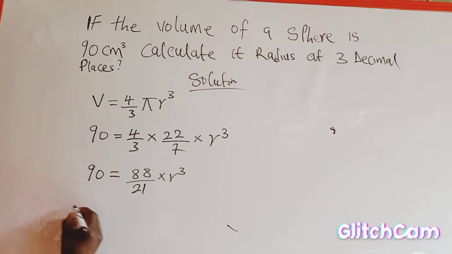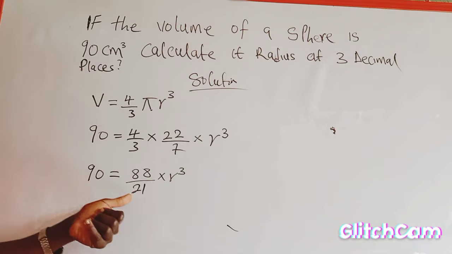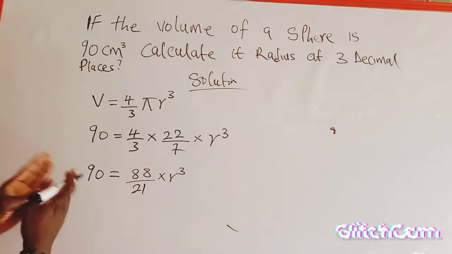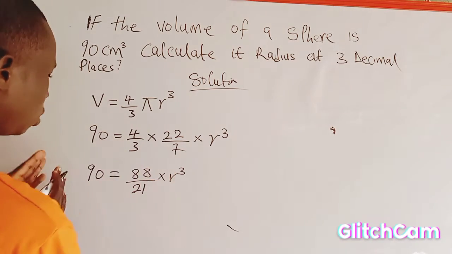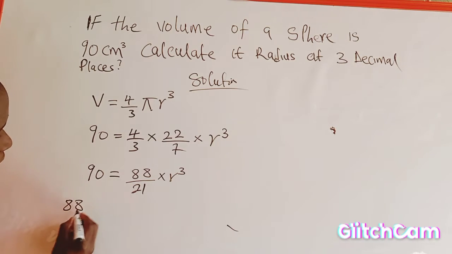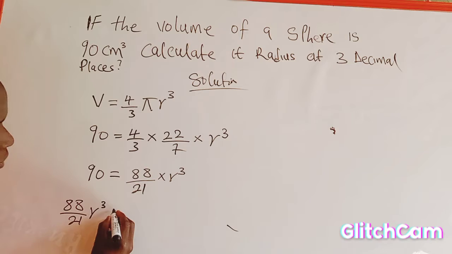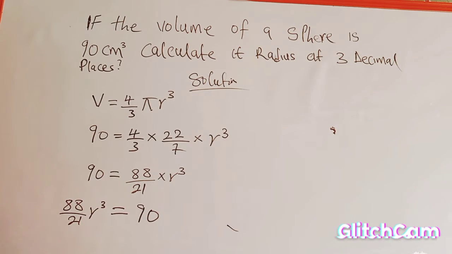From here I can cross multiply because there is an equality sign in between. Before then, since 19 is equal to this, I can say 88 over 21 multiplied by radius cube equals 19, and 19 over 1 is still the same.